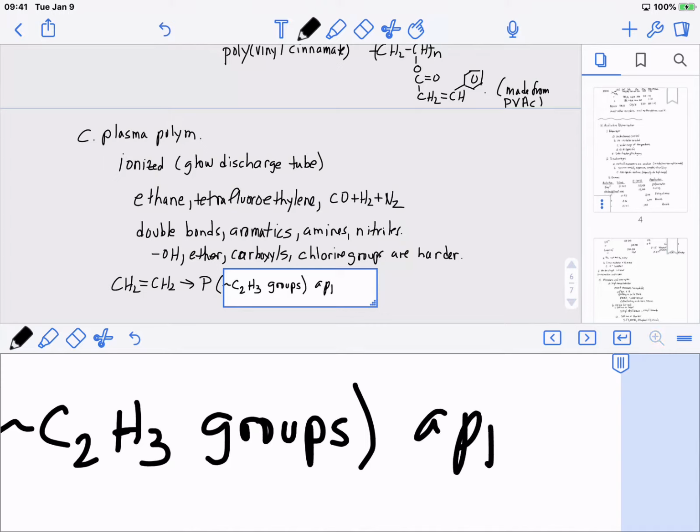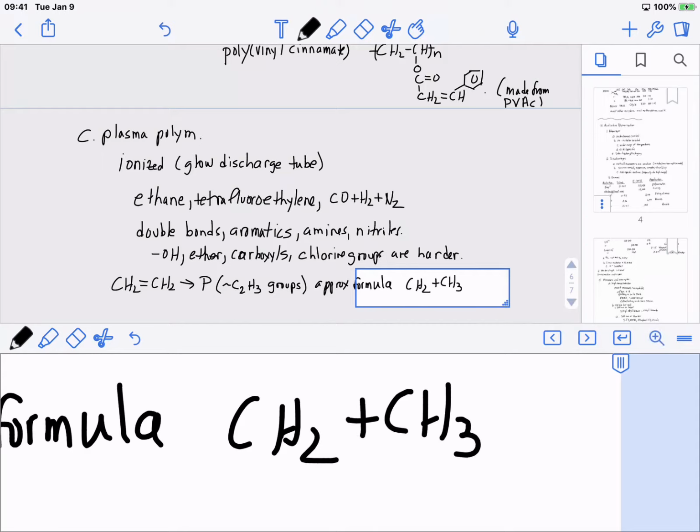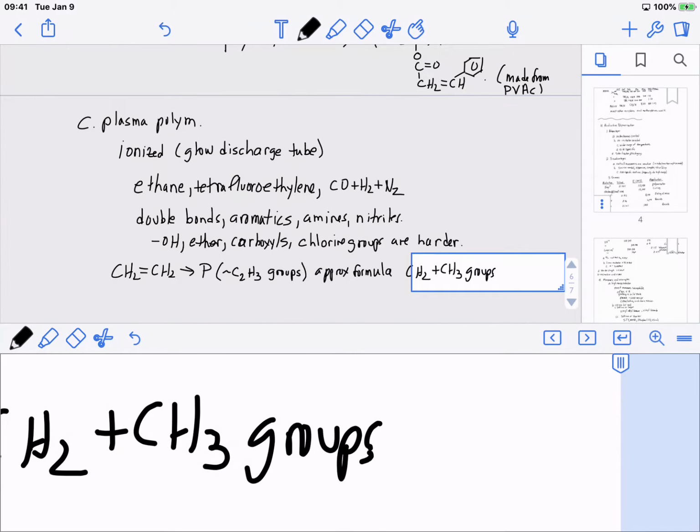The approximate formula is there's CH2s plus CH3 groups. And by adding in hydrogen and ethylene and ethane, you can change the amount of aliphatic and aromatic hydrocarbons you get in your coatings.